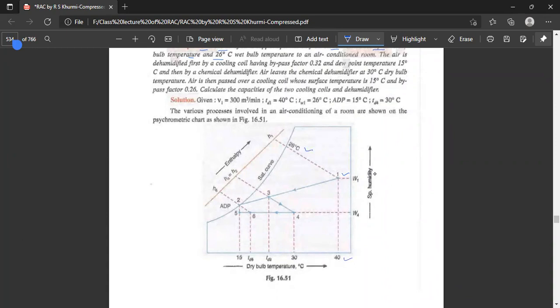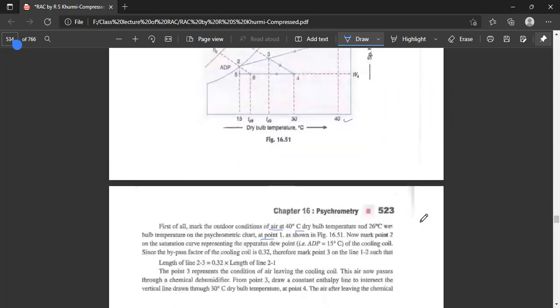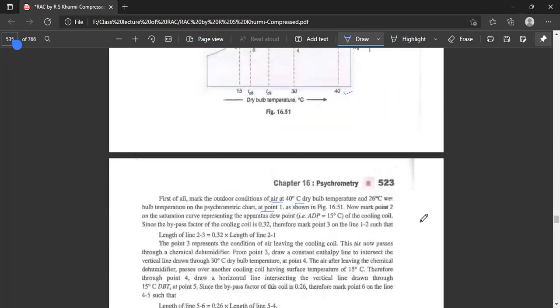If we draw a vertical line from the dry bulb temperature and follow the wet bulb line, they will intersect at point 1, and we get the required point.